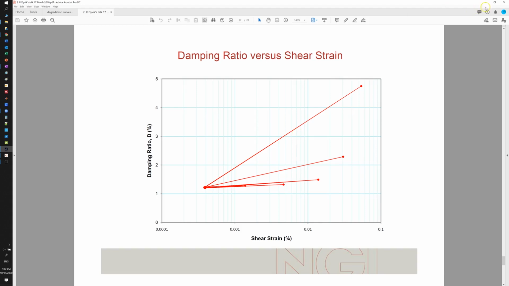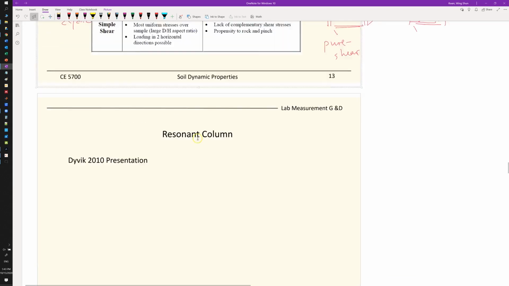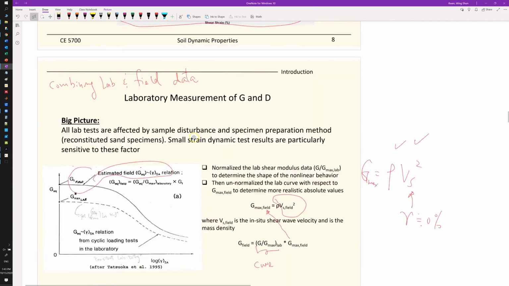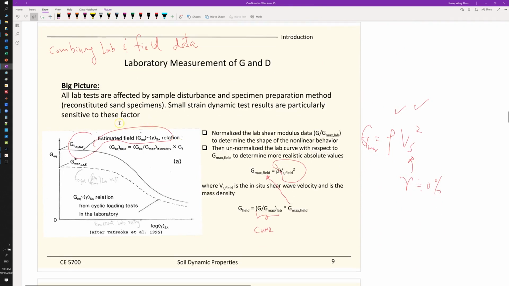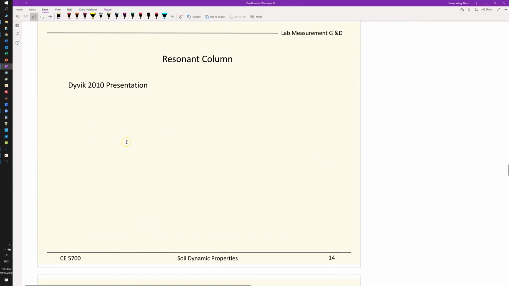So I highly recommend you read your Kramer book as well. So for the resonant column, I don't think I will test you on it, but I may ask you some questions like in your homework, or how to correct the lab data to the field data, but I don't think I will go too deep on the details of resonant column testing.